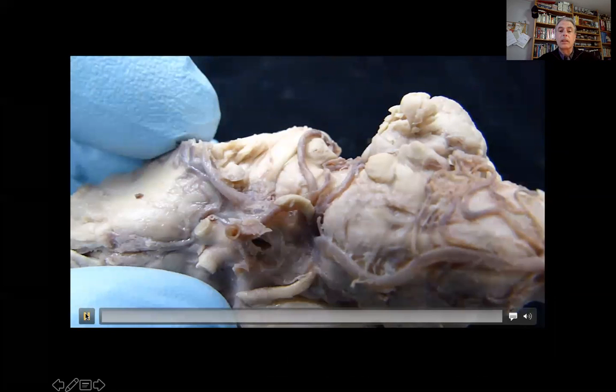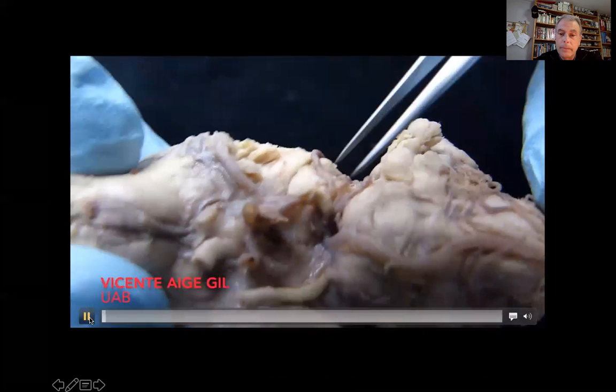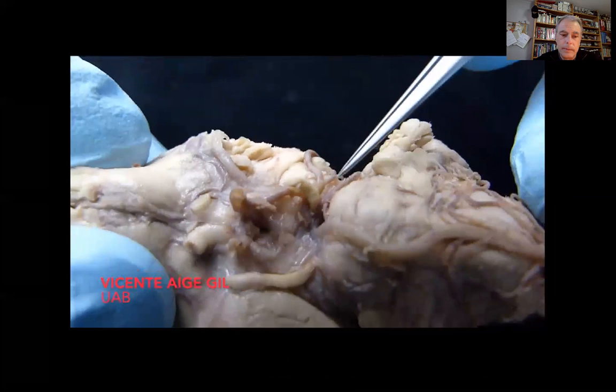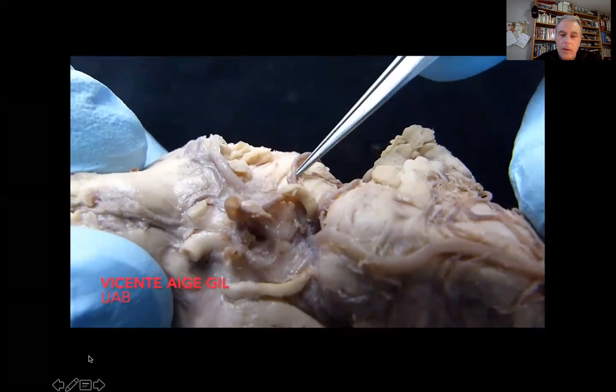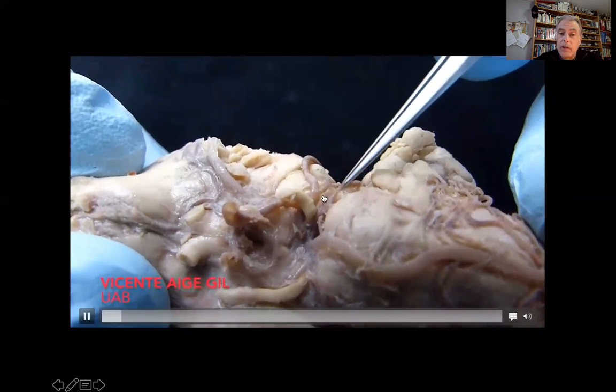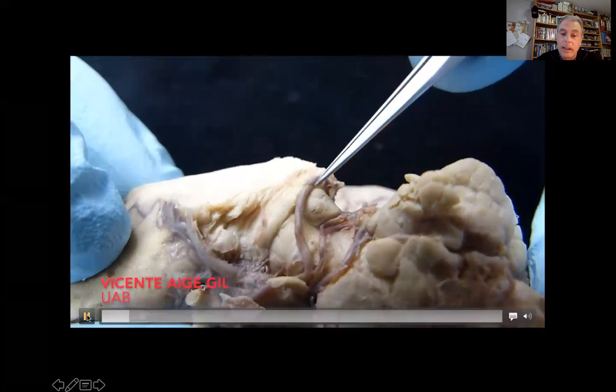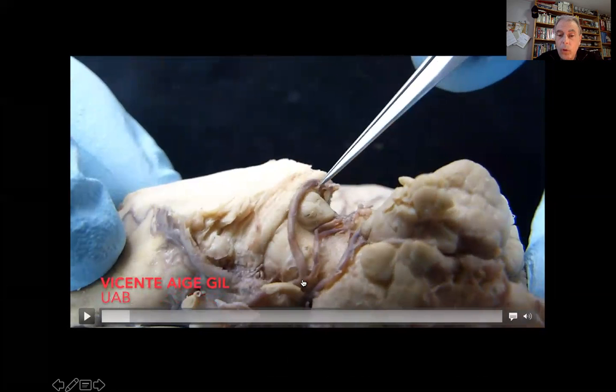Let's have a look at another video. The oculomotor nerve, the caudal cerebral, the rostral cerebellar. And as you see, the caudal cerebral artery, again, with two branches, one that is very big and runs lateral to the cerebral peduncles and then runs in between the medial geniculate body and the optic tract.